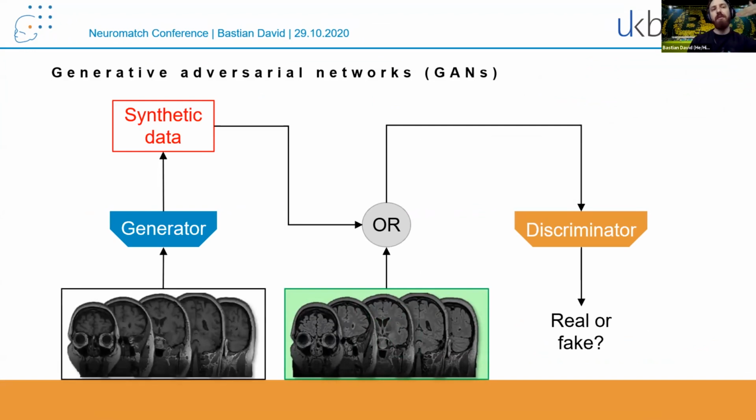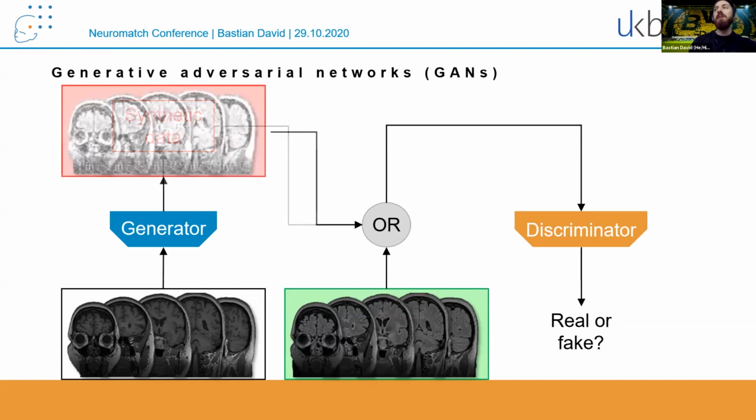Our source data for this conditional GAN were the T1 images, which do not show this radiographical feature, or nearly not. And the synthetic data that we wanted the generator to produce should be something FLAIR-like, but that does not show this radiographical feature because it's only based on the T1.